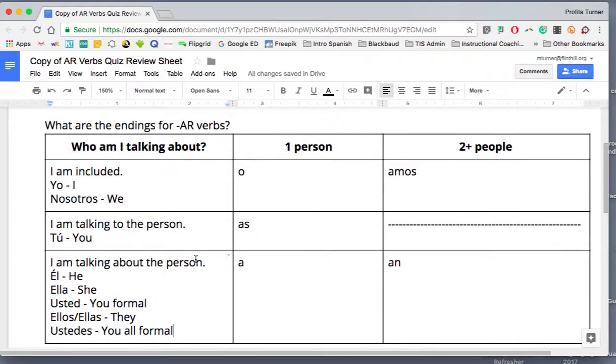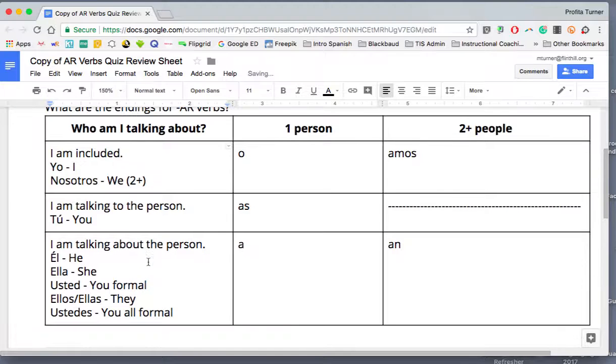And so this is your plural. So this is 2+ people. And this one is 2+ people. And this is 2 or more people as well.